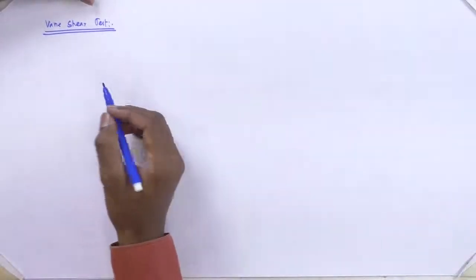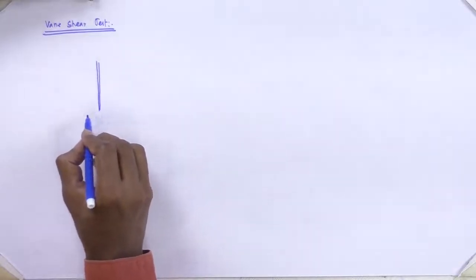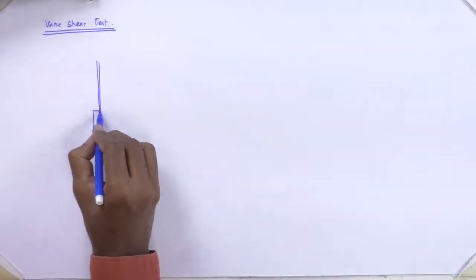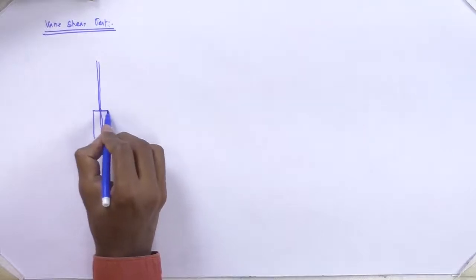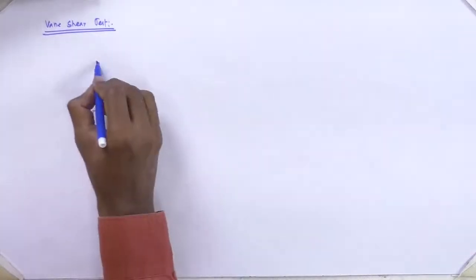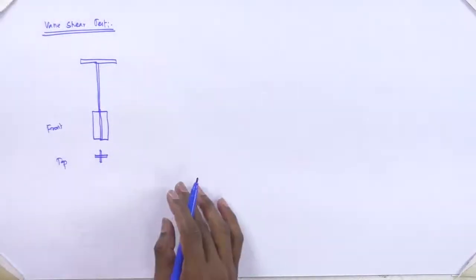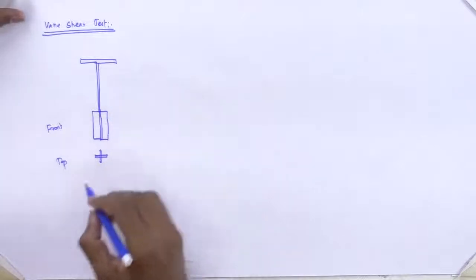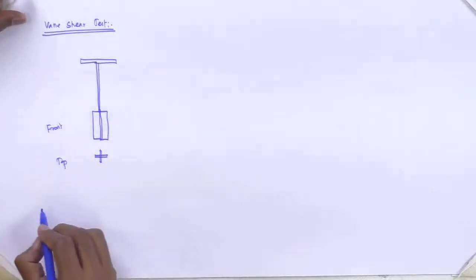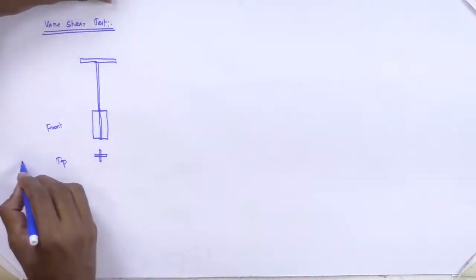The last test is the vane shear test. We have a vane like this. Vane in the sense, blade is a synonym for vane. This is the front view of the vane, and this is the top view. I was trying to give it in a three-dimensional way.